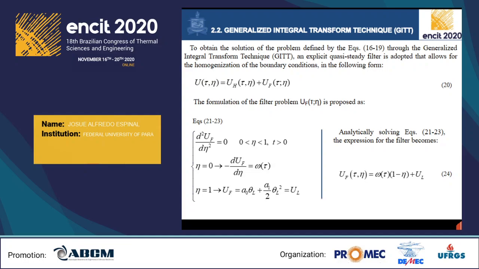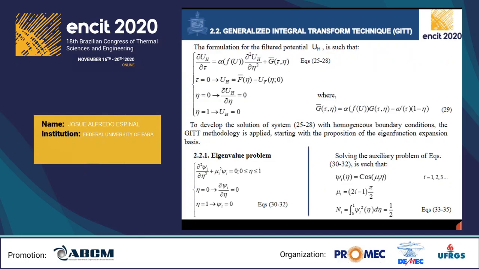Analytically solving equations 21 to 23, the expression for the filter becomes equation 24. The formulation for the filter potential U sub h is given by equations 25 to 28.